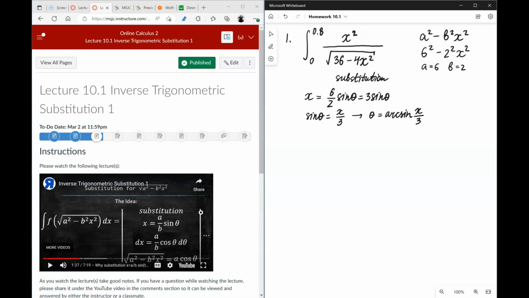And why does the substitution work? It's because if you now substitute everything in, your x squared will become 9 sine squared theta, and 36 minus 4x squared will become 36 minus 36 sine squared theta.